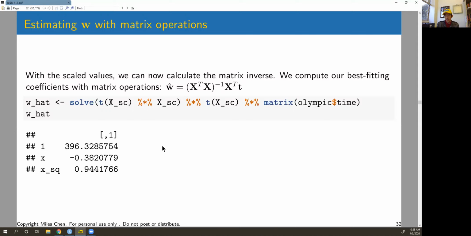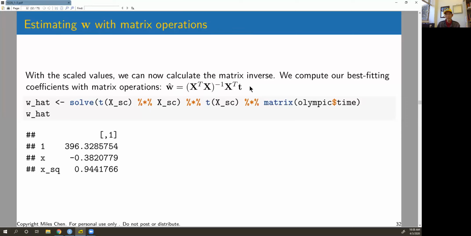Okay, and then yeah, Fan had the same question. Is that actually the formula for both cases? W hat is the same, and we just change our input matrix X. Yeah, for linear models. For linear models, W hat, ordinary least squares regression, will always be X transpose X inverse X transpose T. You guys are taking 100C right now, maybe?